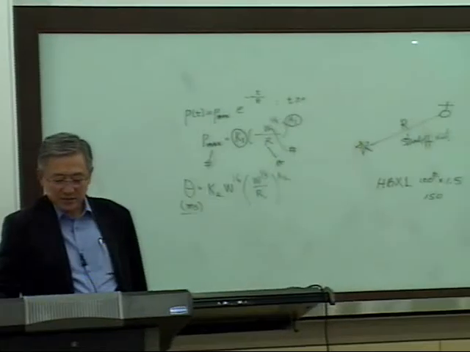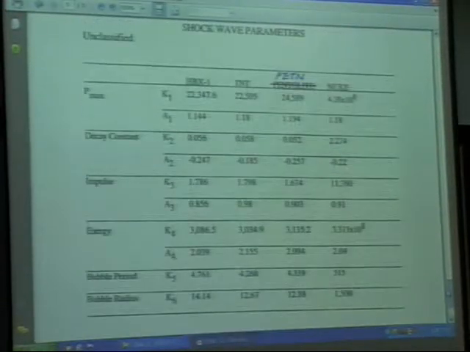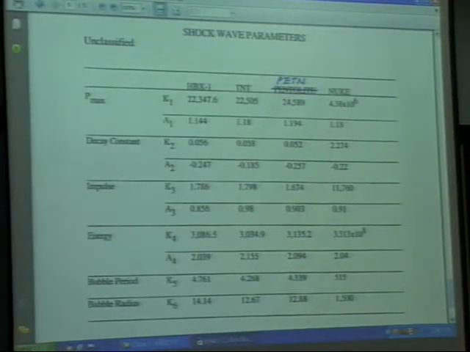It's the next section. It's not there still. Oh, it's here. Next section, 3.2-5. There is K1A1, K2A2, K3A3, all the parameters for typical ones, HBX1, TNT, PTN, and this is nuclear.